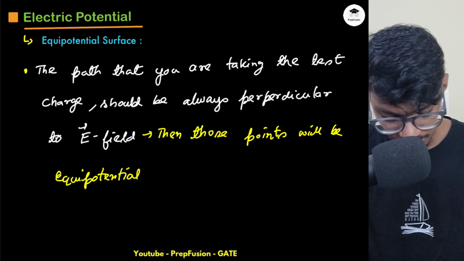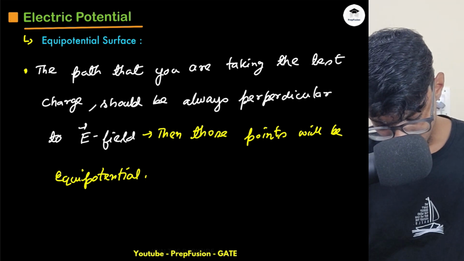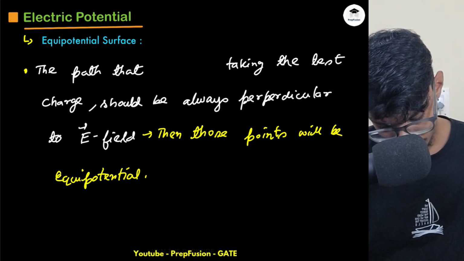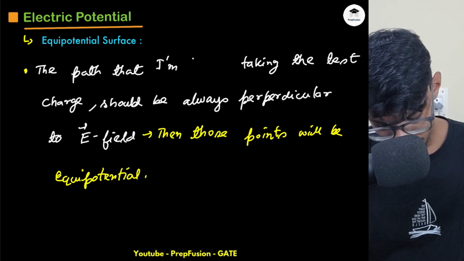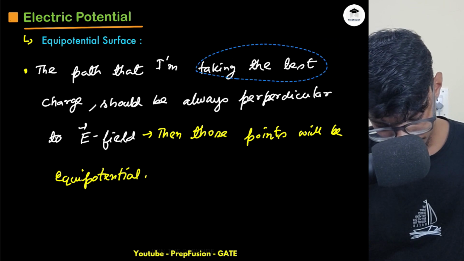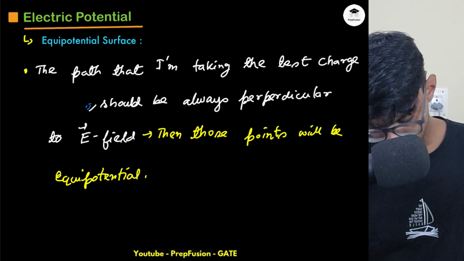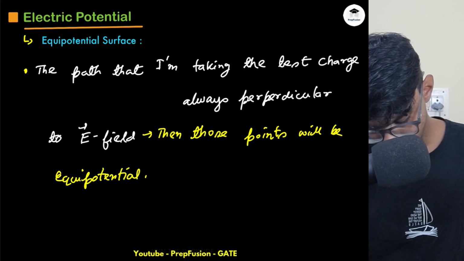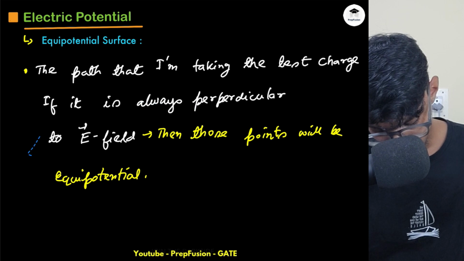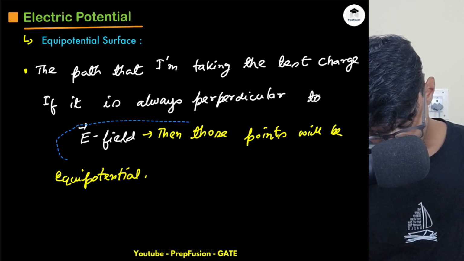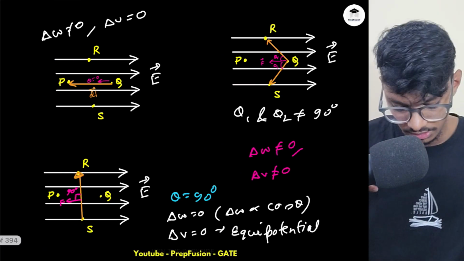If the path is always perpendicular to the electric field, then those points will be equipotential, right? This is a summary of this particular statement.